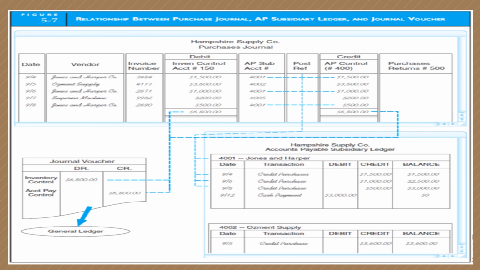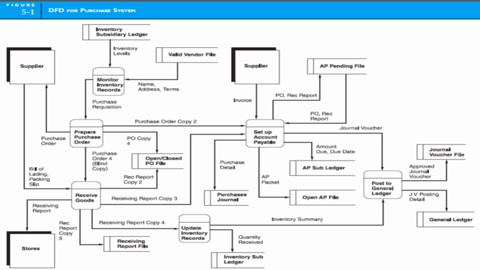So if we have items received in the purchase journal, we can see it goes to the journal voucher, and then it also goes to the accounts payable to recognize the liabilities. Here, let's see the flow of the purchase order process in the DFD, data flow diagram.